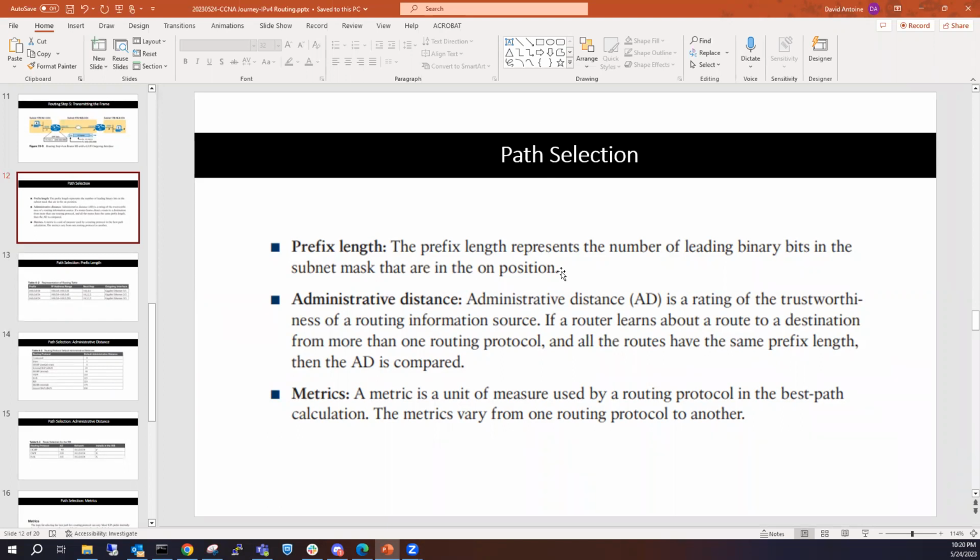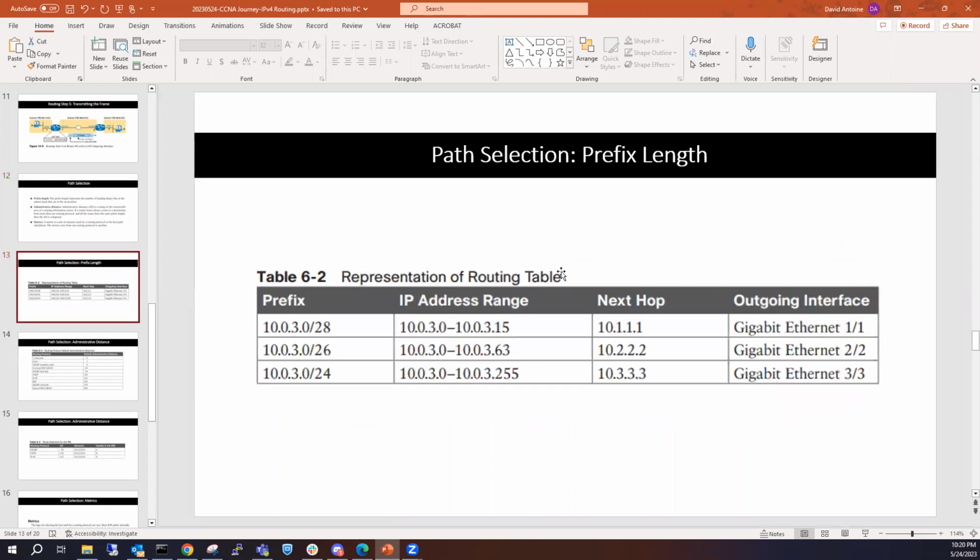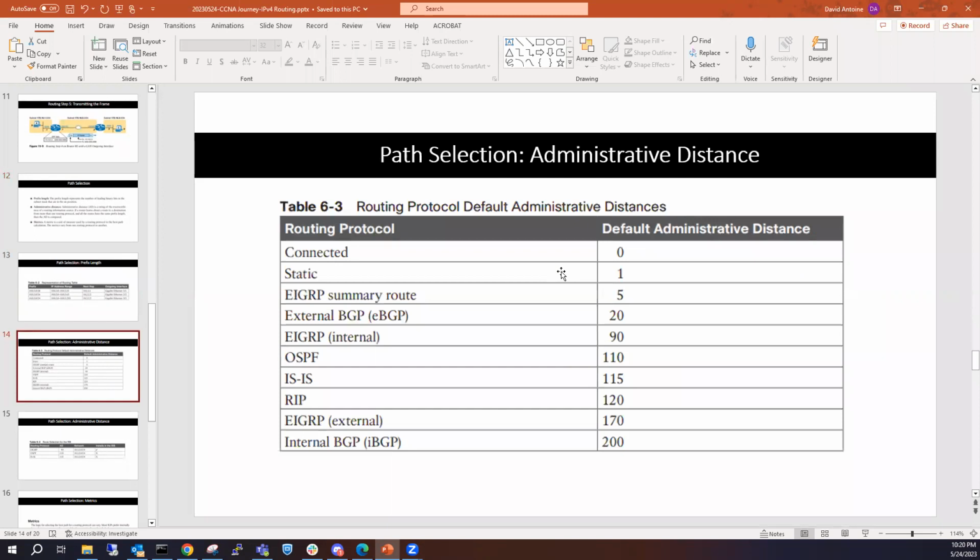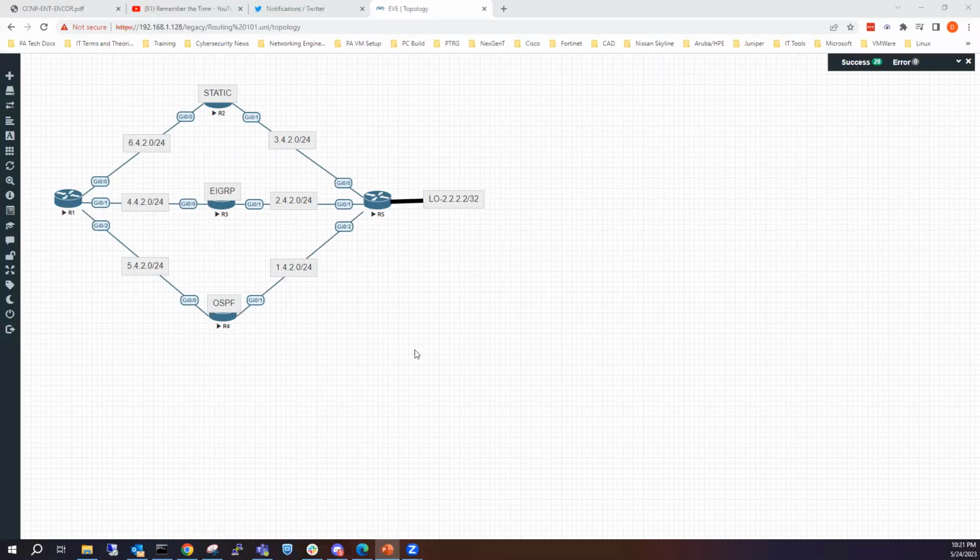So we don't skip an election step. We're not going to ignore prefix length and jump straight to metrics. That's not what the router is going to do. It's going to look at the prefix length, then the administrative distance, then it's going to look at some other stuff.